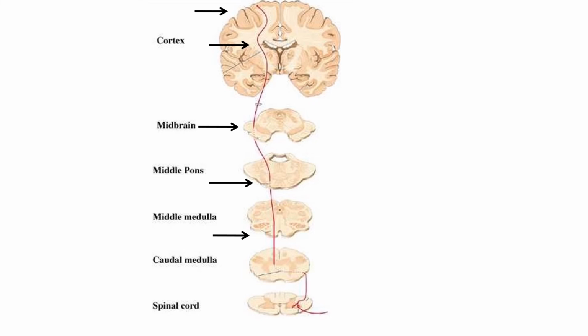These axons are going to cross to the other side, and when they cross, they descend into the spinal cord, end up in the anterior horn, the motor part of the gray matter of the spinal cord, and this is the neuron here, which is going to send an axon to reach the target organ through the spinal nerve.